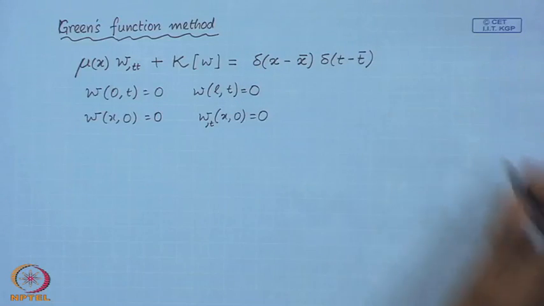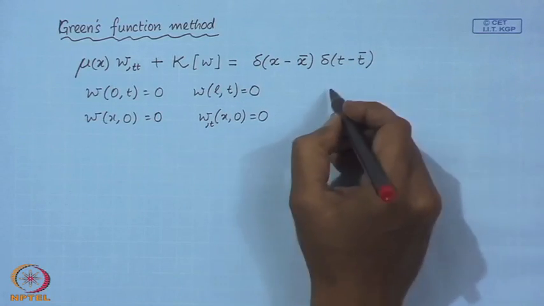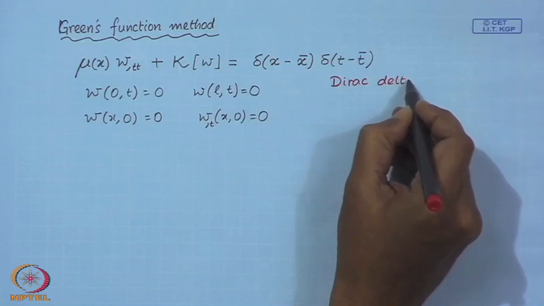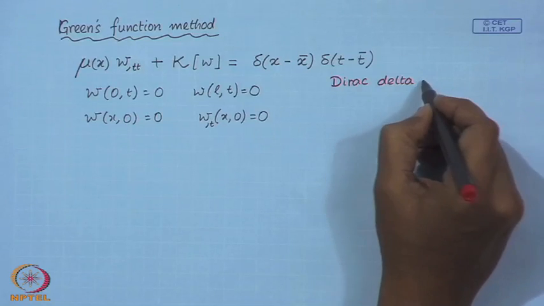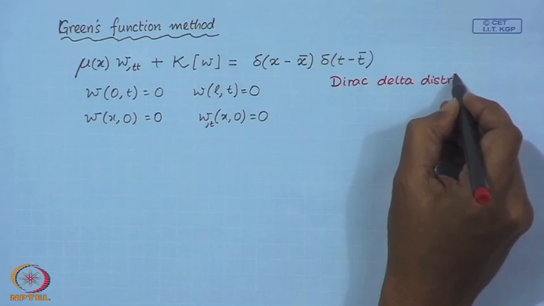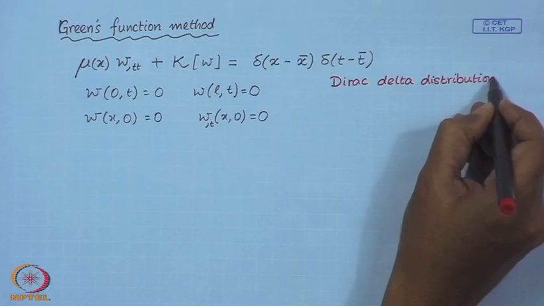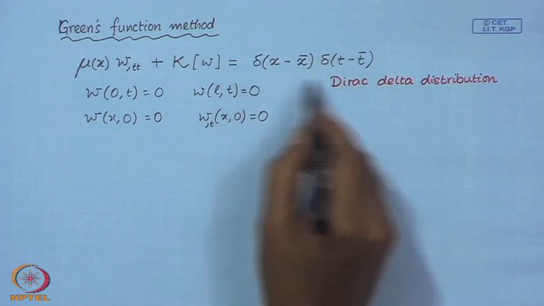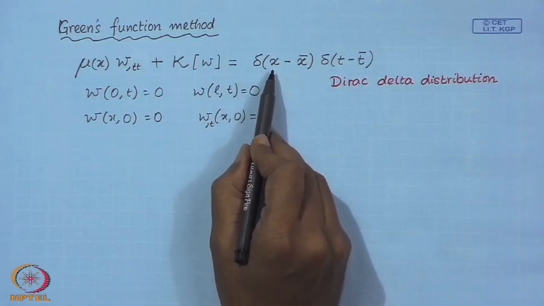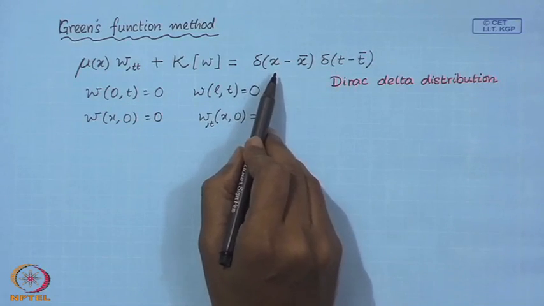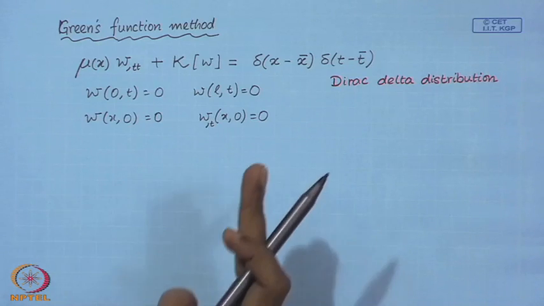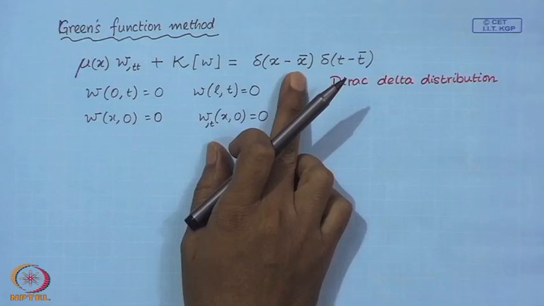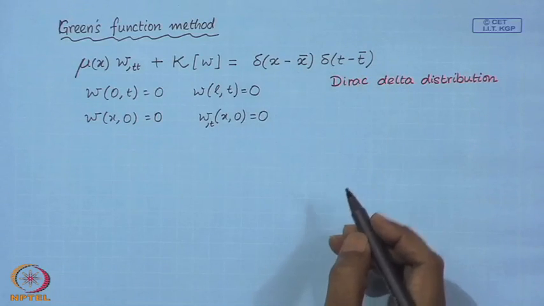These are Dirac delta functions, or Dirac delta distributions. So, the forcing is of a very special form like this. So, what in effect this represents is an impulsive loading at the location x equal to x bar and time t equal to t bar.